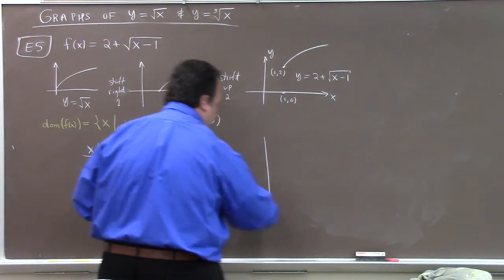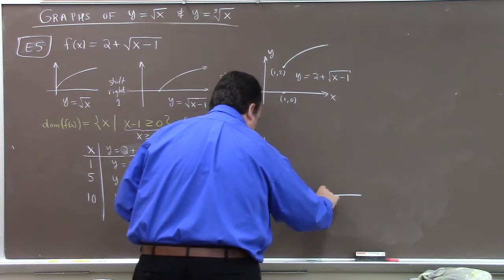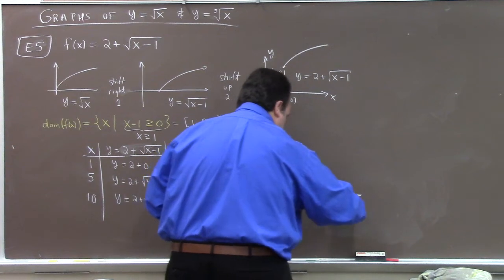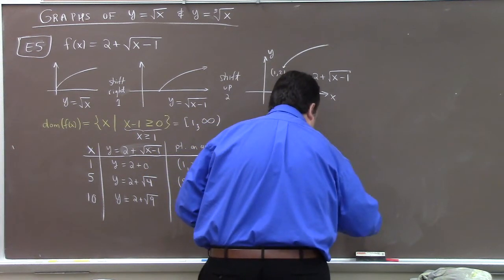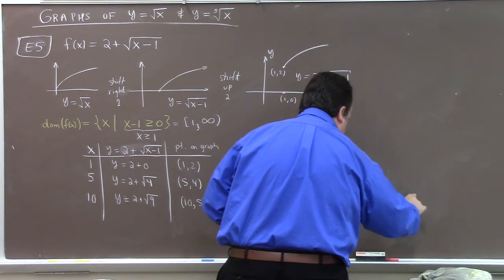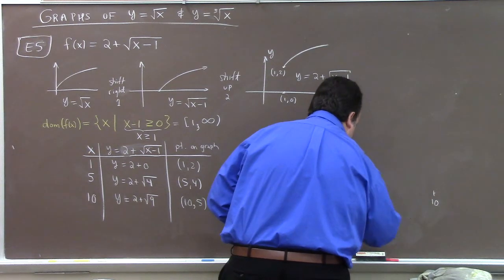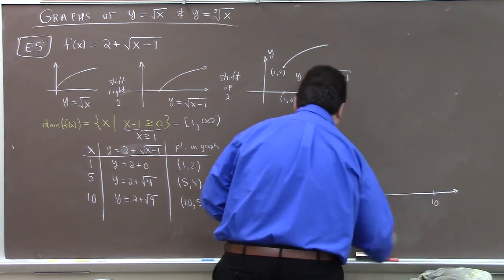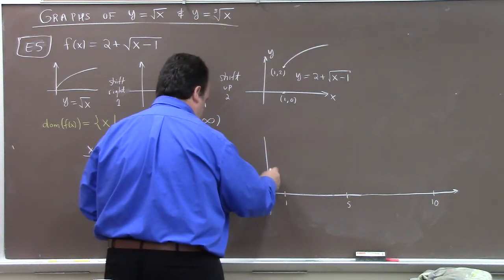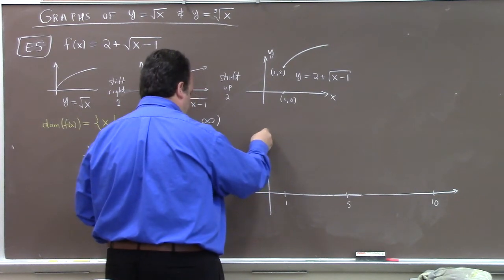So if I'm here at 1, 2, 3, 5 is here. So there's 10. Let's see here. 1, 2, 3, 4.